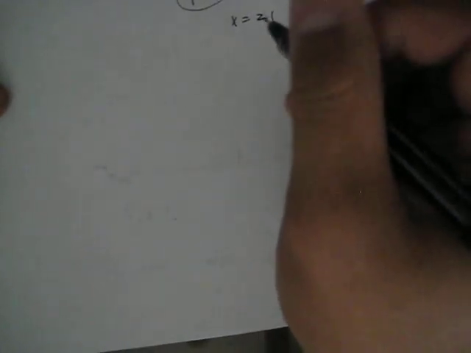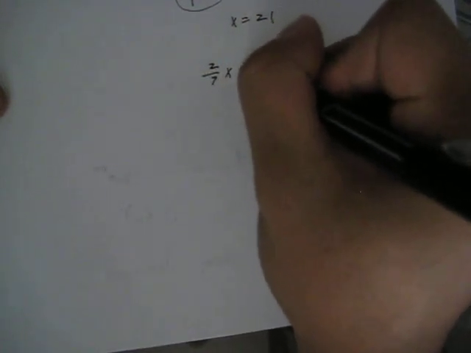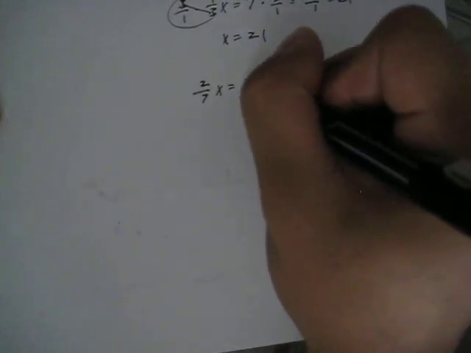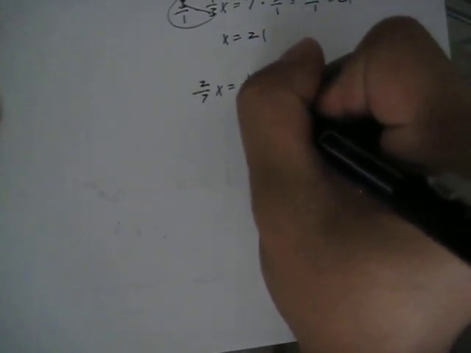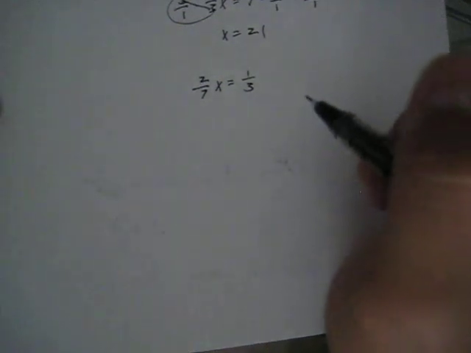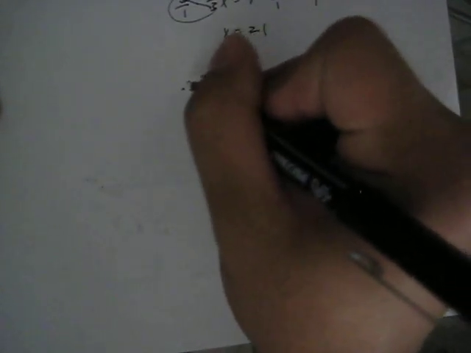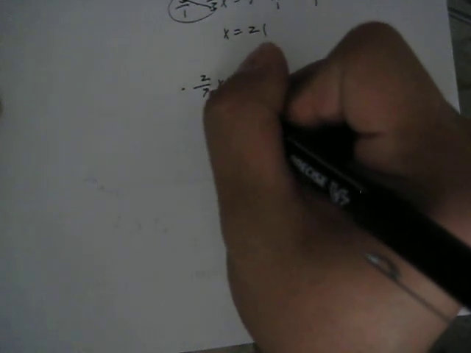Say you're given the example 2/7 x equals 1/3. What do you do? You want to make this equal 1. So what times 2 over 7 equals 1?